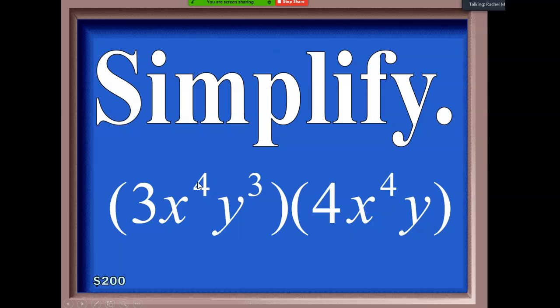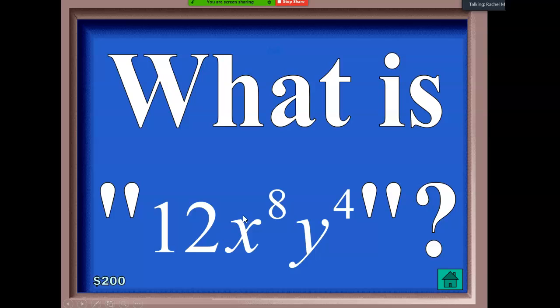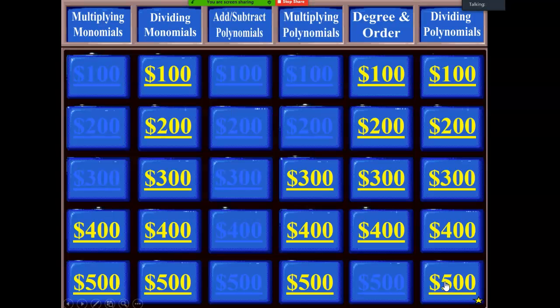All right, so 3 times 4 is 12, and then you add your exponents, so you got x to the 8th, y to the 4th. Okay, category and points go to Spencer.